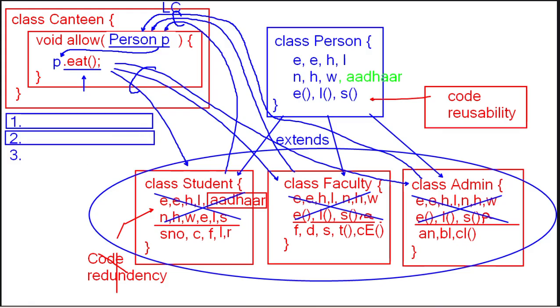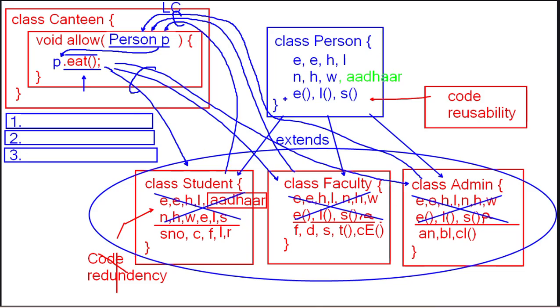Loose coupling means the user class takes one subtype reference variable and can accept only that subtype object. Static binding, or compile time polymorphism, means the invoked method can be executed only from the particular reference variable's class, and cannot change to other classes.